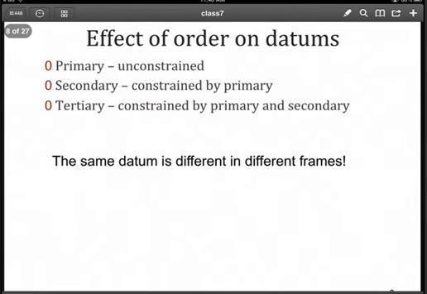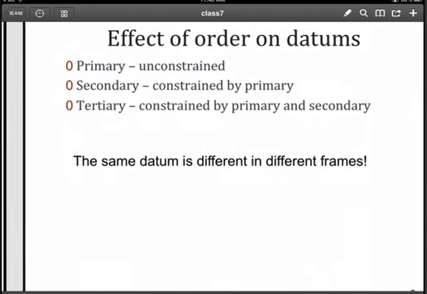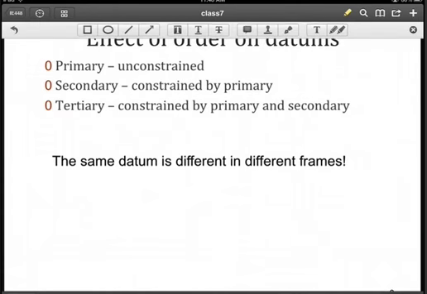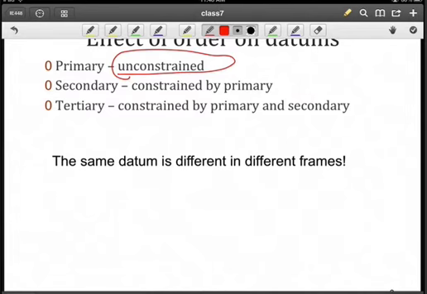Okay, so what is this effect that we see in the order? Well, we said before in our two examples that if it's the primary, then it's unconstrained. So I can determine that datum without considering any other datums. But when I do the secondary, now I'm going to be constrained by the primary. So I can't determine the secondary datum independent of the primary.